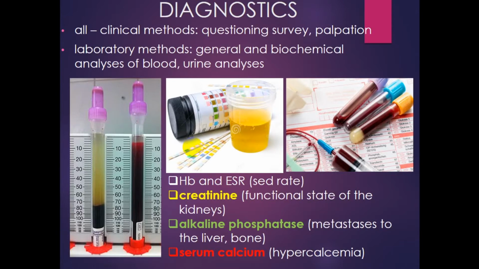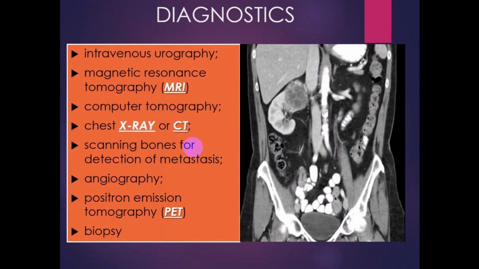Alkaline phosphatase is very important because of its role in the destruction of bones. As I said before, osteolytic metastases can cause the destruction of bones, and this substance is well detected in such cases. And calcium, of course, due to the state of hypercalcemia.